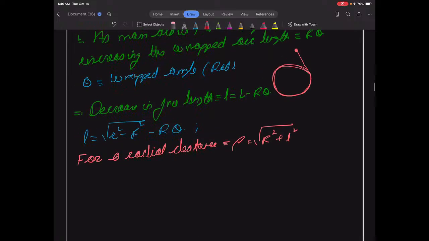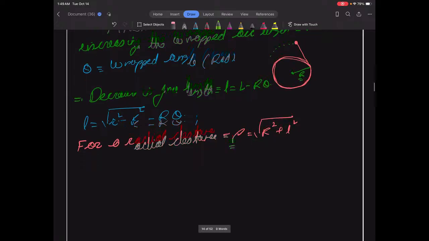And this will be the center, and these overlapping circles will all have a radius of R. Therefore we can say that this mass is going to hit the post when rho becomes equal to R. So it means that as soon as this radial distance which we assumed becomes equal to R, this mass is going to hit the post.